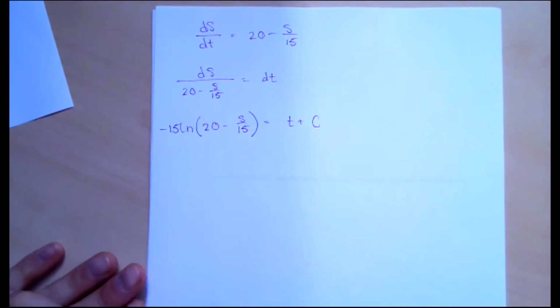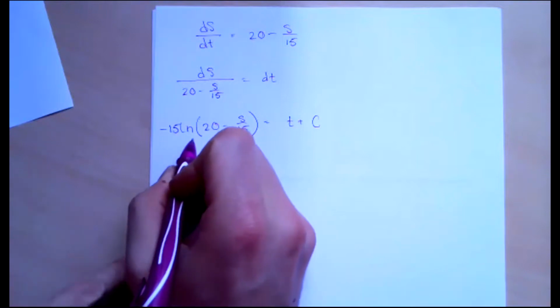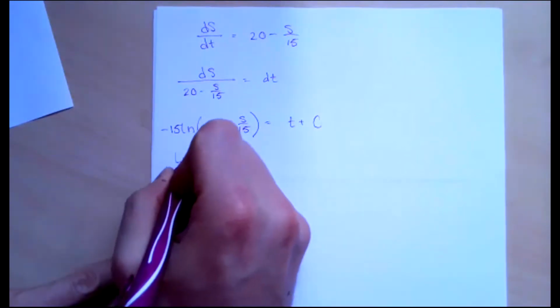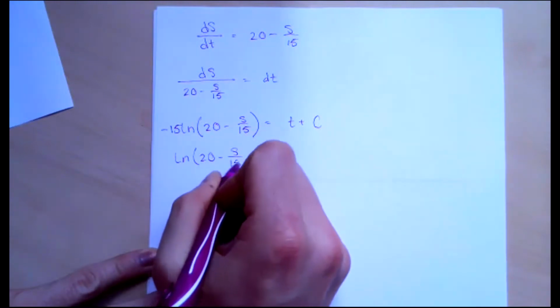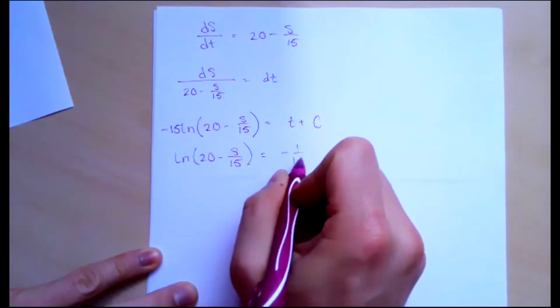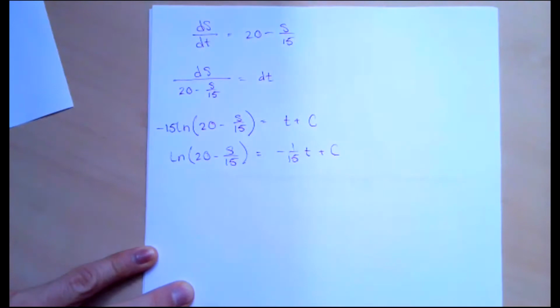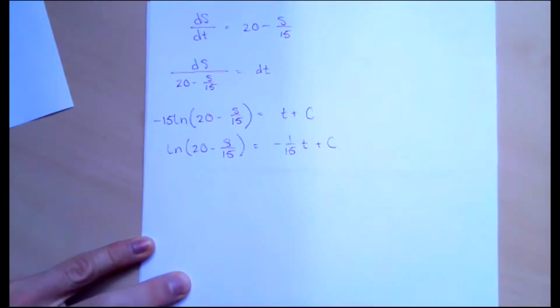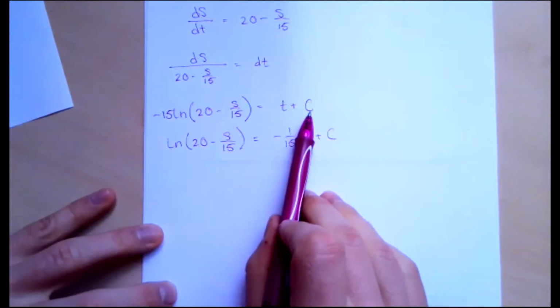And now we want to solve for S. So we've got the natural log of 20 minus S over 15 equal to negative 1/15 t plus a constant. We'll be doing this a lot with these constants, as I've been mentioning. I have an arbitrary constant here.